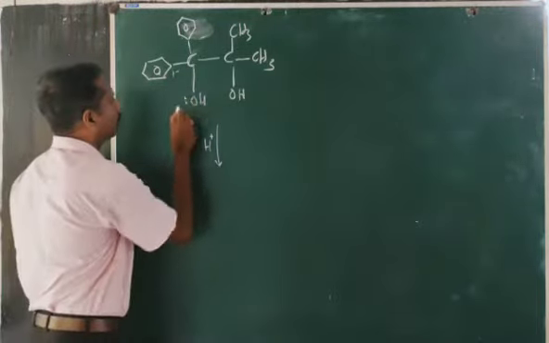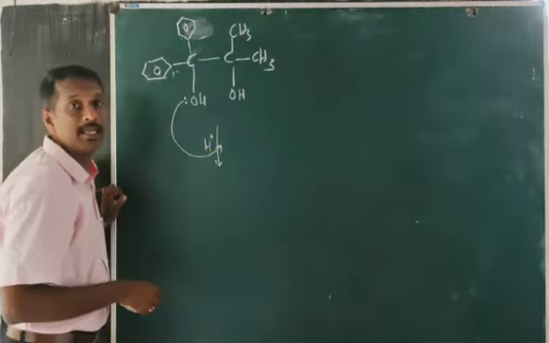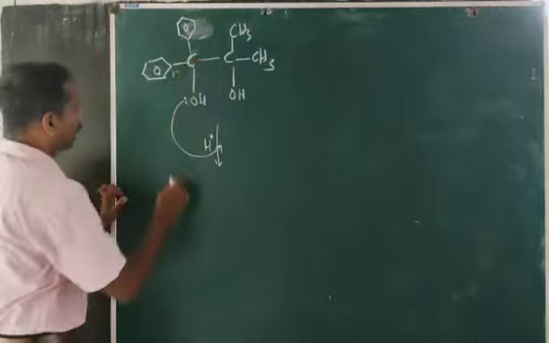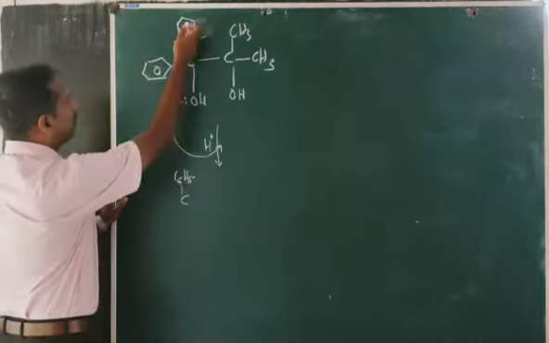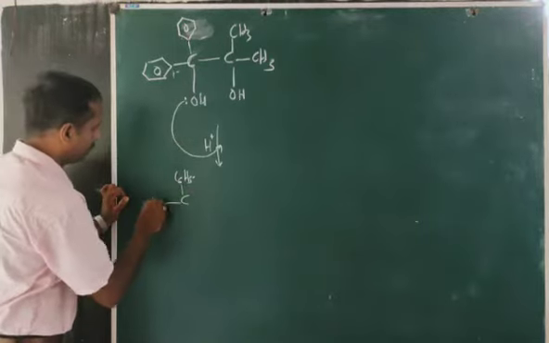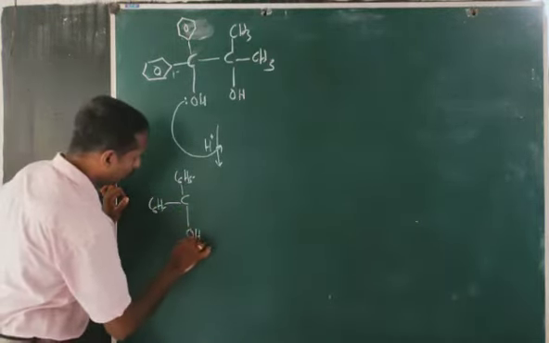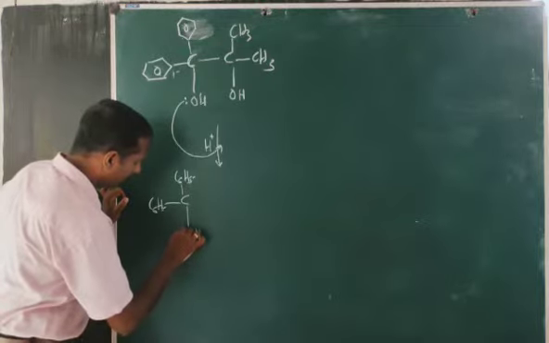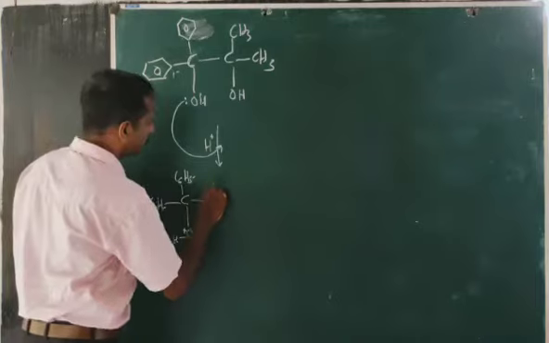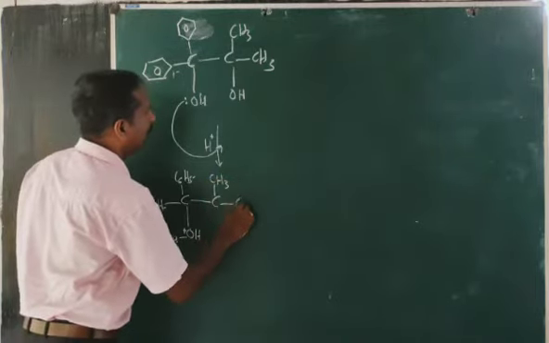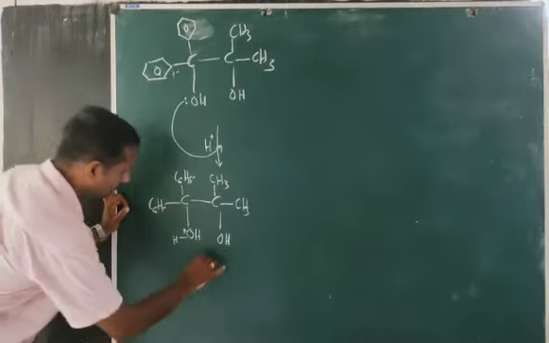The lone pair of electrons on the oxygen atom will abstract the H+ ion from the mineral acid, and we get C6H5, C6H5, OH. One more bond is forming, therefore oxygen is getting a positive charge, and here it is CH3, OH. Correct?